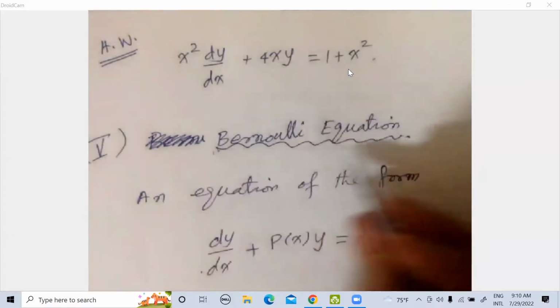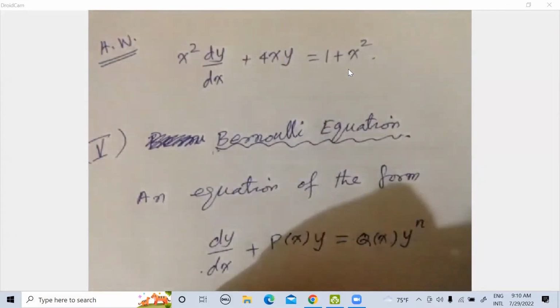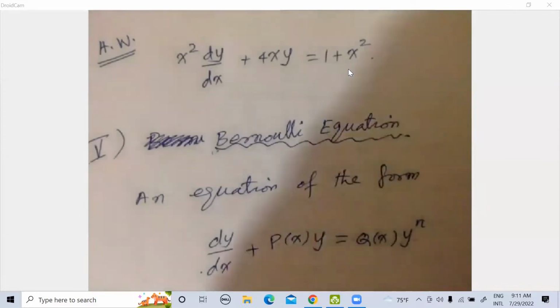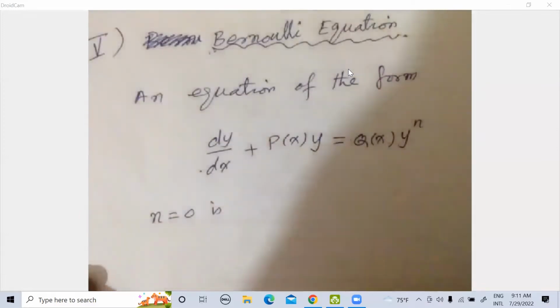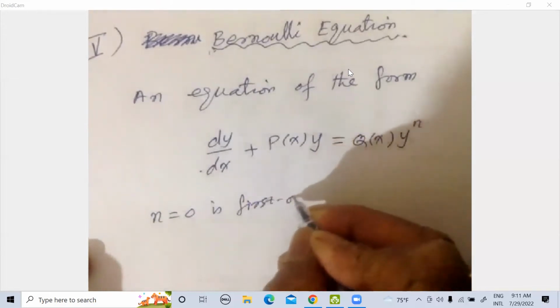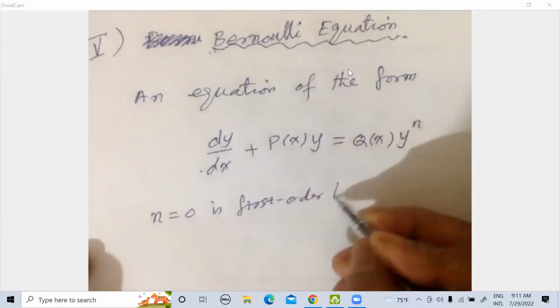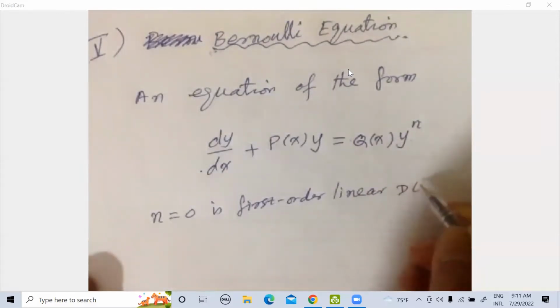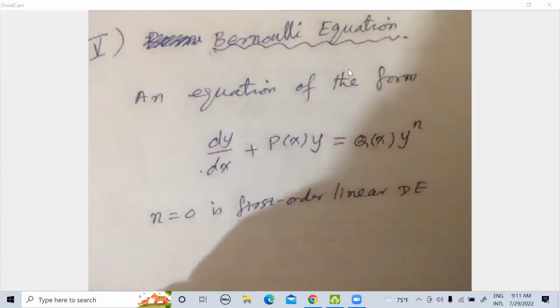So when we say Bernoulli equation, n equals 0 is a first order linear differential equation, so we know how to solve it.